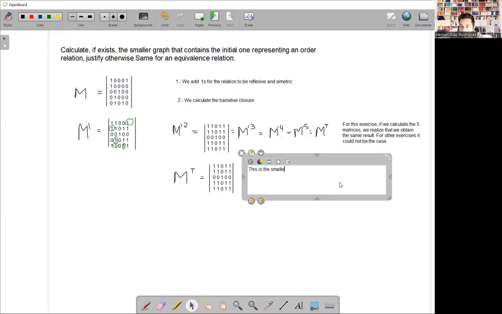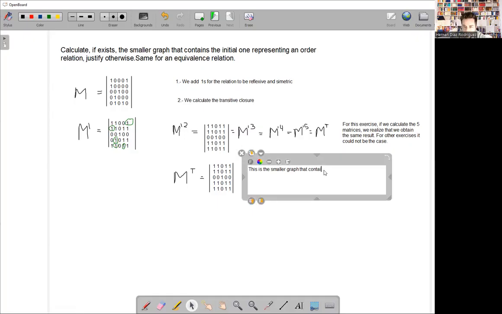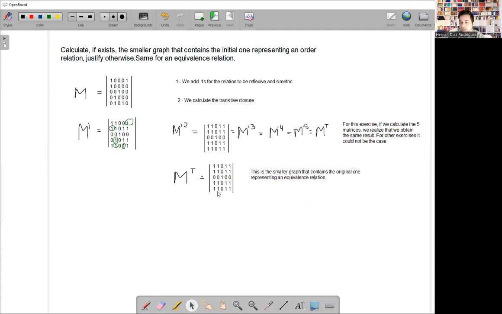This is the smaller graph that contains the original one, representing an equivalence relation. Right, we made it reflexive, symmetric, and transitive.